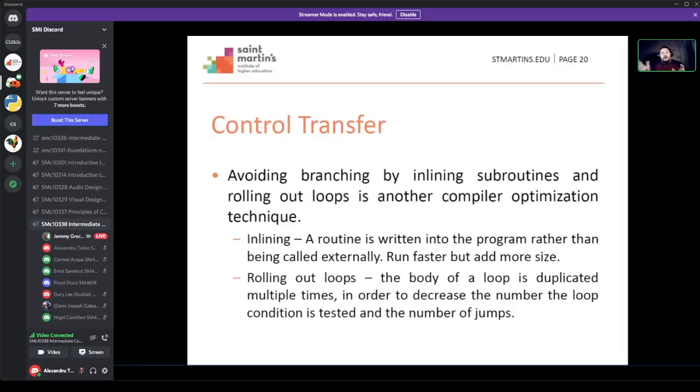When it comes to branching, on the other hand, so deciding whether or not you're going to go down one line of execution or another, what the CPU would usually do is it will guess which line of execution is actually going to be followed. If the line of execution that was guessed is correctly guessed, then there's no problem.